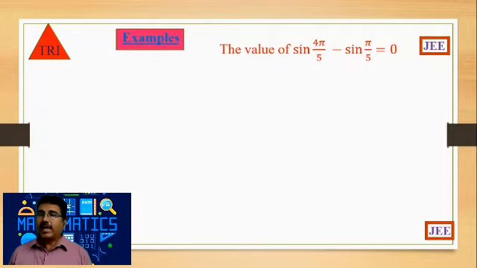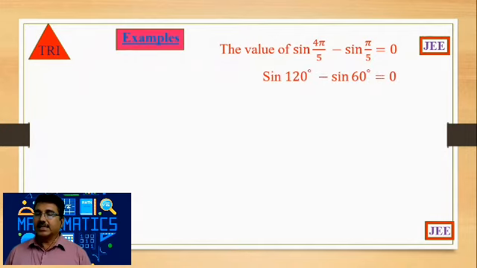Now, the value of sine 120 degrees minus sine 60 degrees. In this case also, A plus B is equal to 180 degrees, so its value is also equal to 0.